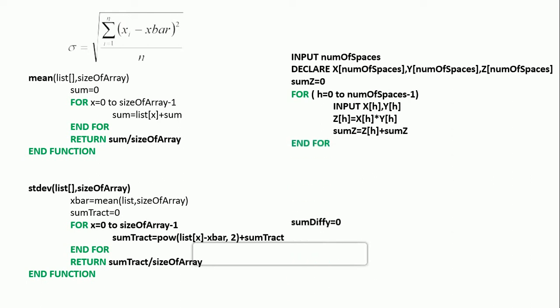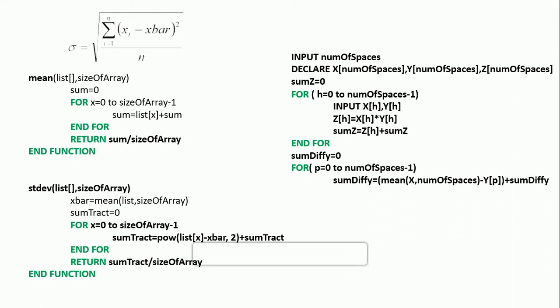So in this case, sum diff equals 0. We are going to find the continuous difference between the mean of x and the corresponding values of y. Basically, p equals 0 running till we get to n minus 1, or the number of spaces minus 1. You basically get what I mean. And so we do that. This is going to find the mean of x all the time.